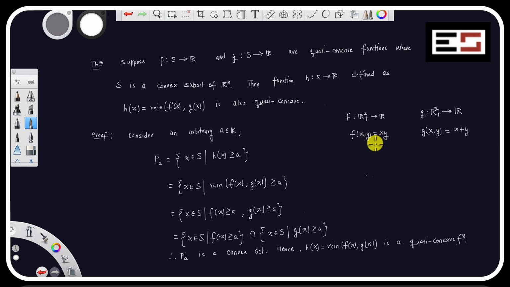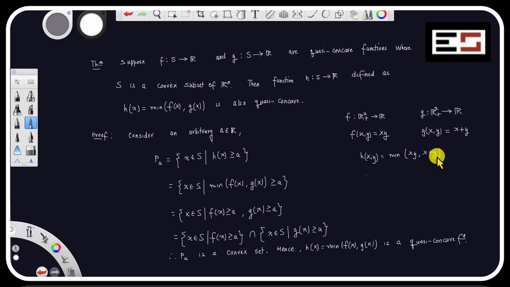Now f is a quasi-concave function and g is a quasi-concave function. So if you look at the function h(x,y) = min of xy, x + y, this is also quasi-concave.